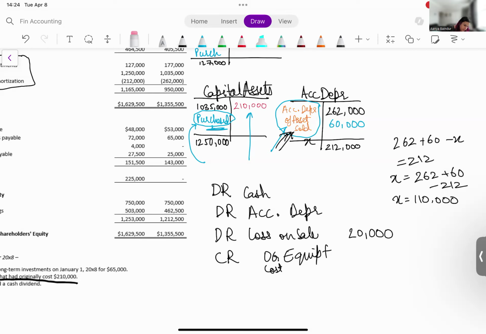So now we know that the accumulated depreciation amount was 110,000. Next, let's put that value in here.